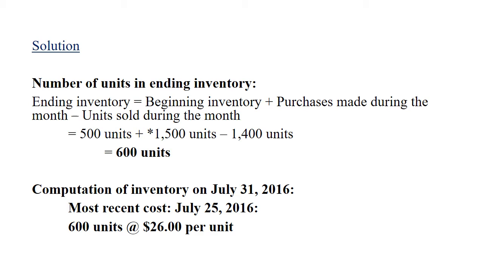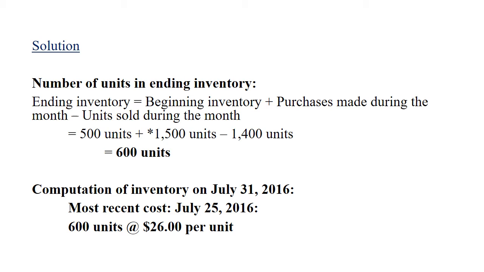So going over to the first part, to find out the number of units in the ending inventory, we have a formula: beginning inventory plus purchases made during the month minus units sold during the month. We know in the question it's directly given the beginning inventory is 500 units, and in the month on 18th July 800 units were purchased, and on 25th July 700 units were purchased.